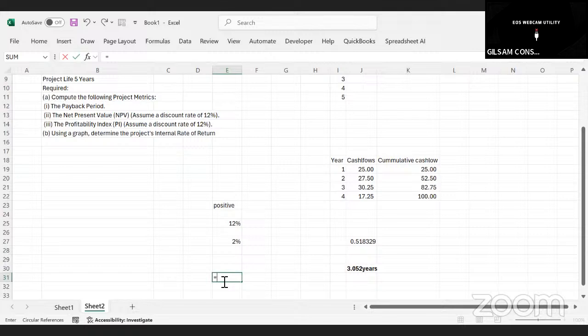So internal rate of return, calculate the internal rate of return by taking the lower rate. So there was that long formula.